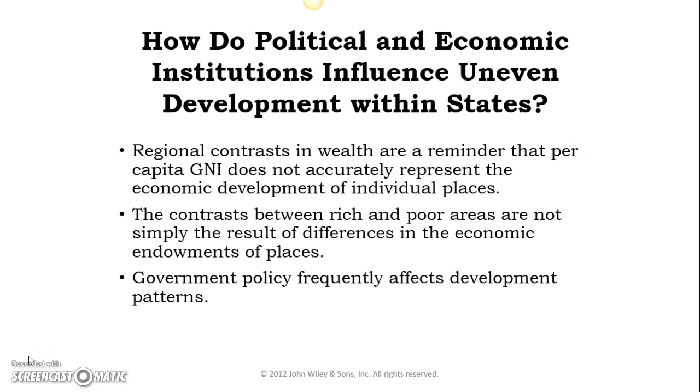Okay, so for instance, if we were to look at Africa, Africa has a comparatively low per capita GNI as a region, but if we look at individual places within Africa, we can see some pretty high contrasts and some pretty dramatic changes across time, right?